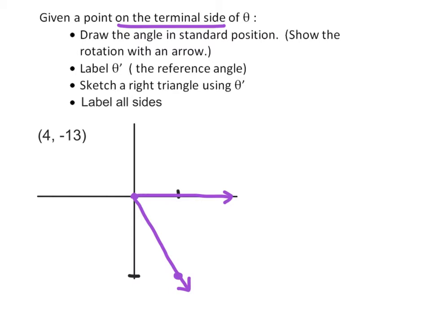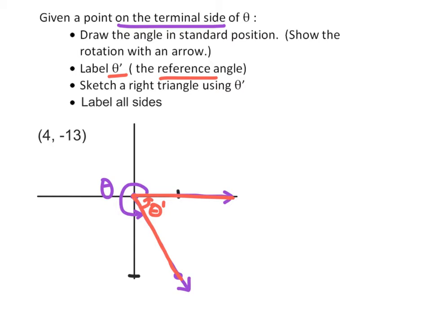Showing the rotation would be this angle right here, and that's our angle theta. Now we're going to label theta prime. Well, we know that theta prime is our reference angle. It's always created by the terminal side of the angle theta and the nearest portion of the x-axis. So that's right here. So we know that this is theta prime.